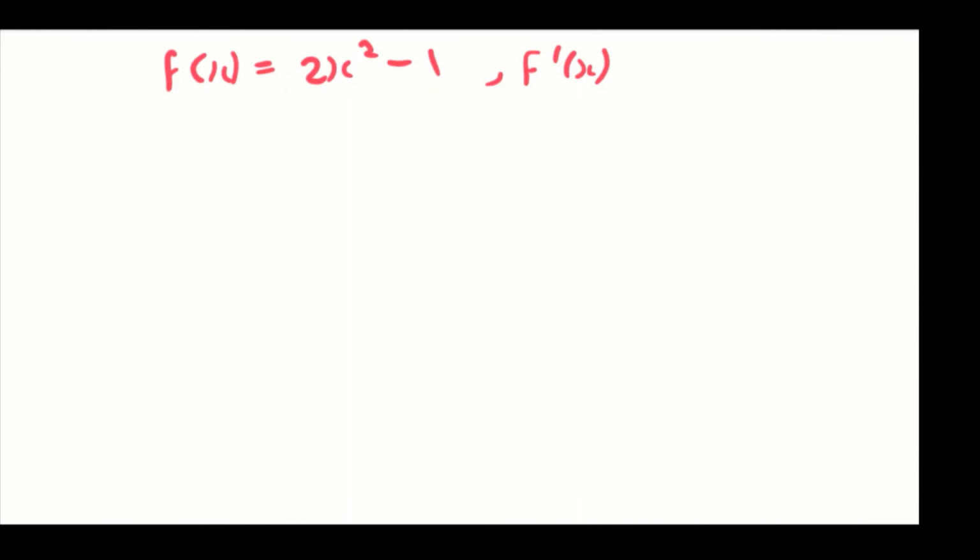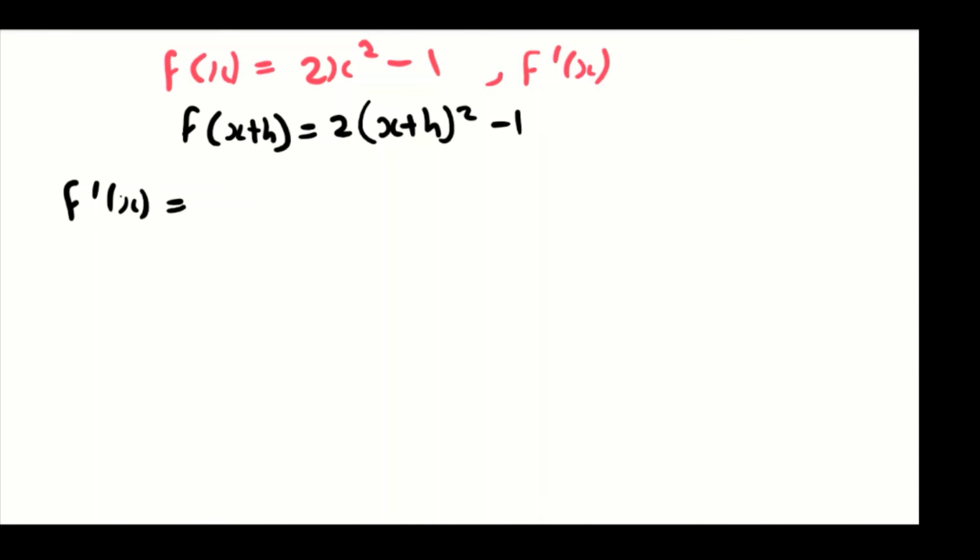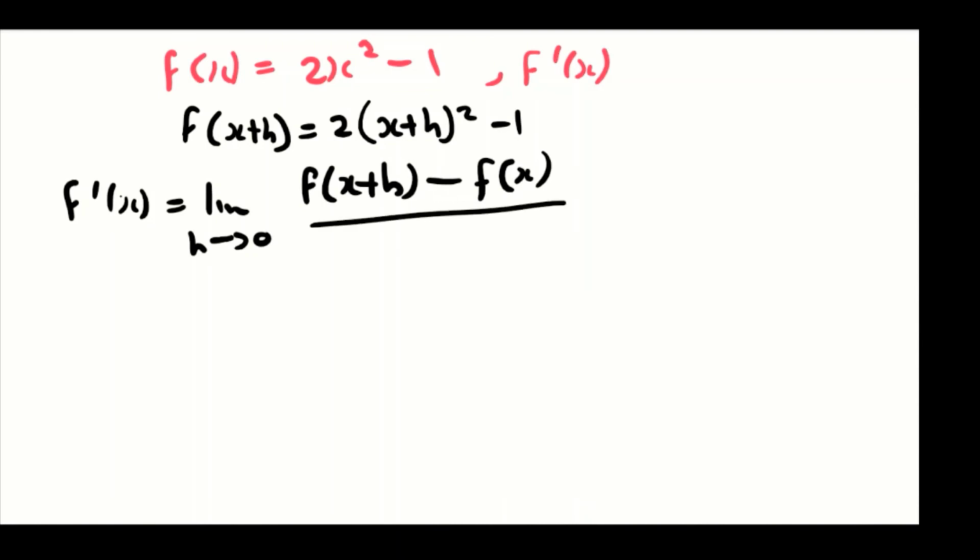The first thing we're going to do is substitute x plus h into the equation. So it's going to be 2, where there's x we put x plus h, squared, minus 1. Then f prime of x is equal to the limit as h approaches 0 of f of x plus h minus f of x, divided by h.